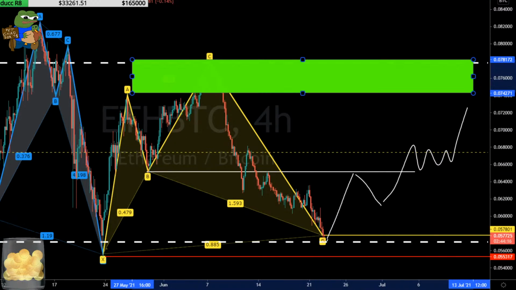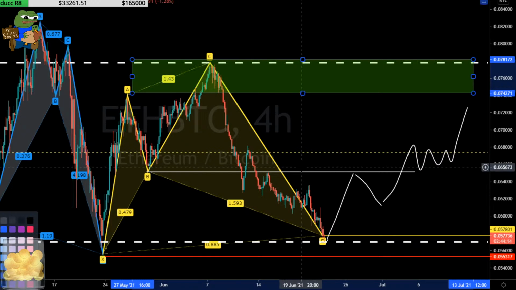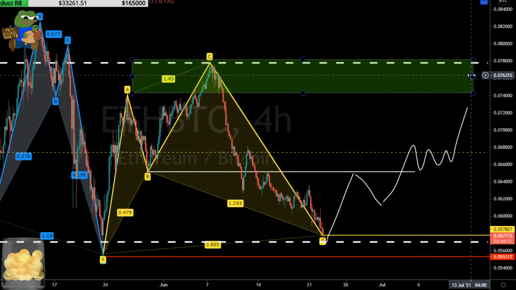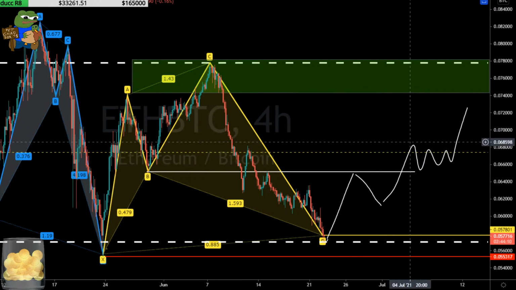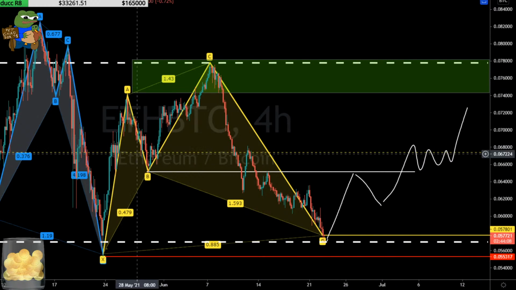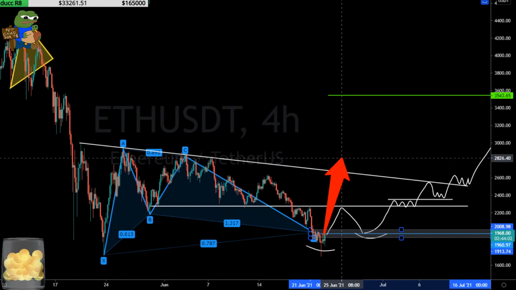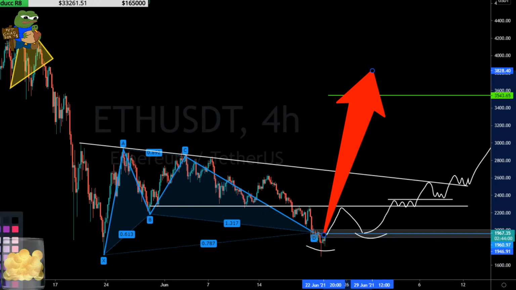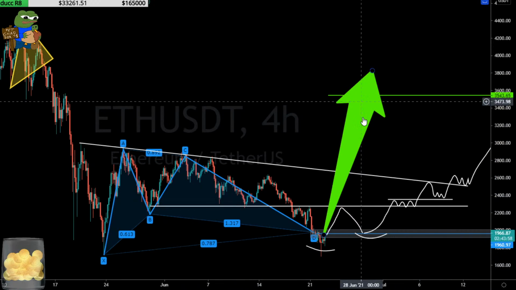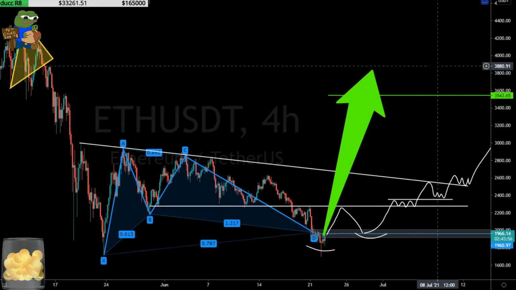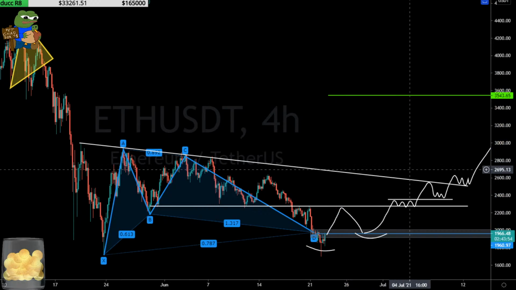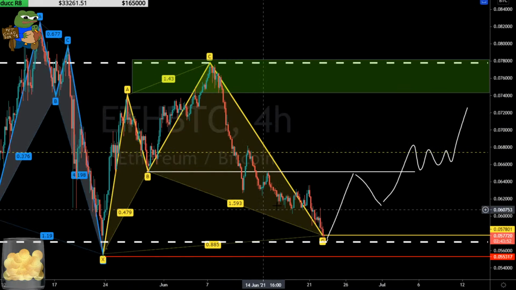So if those are your targets, in order for ETH BTC to get up here, ETH has to seriously be outperforming Bitcoin. Well, in order for that to be the case, this has to be a Gartley, okay? It just has to be a Gartley. If not, how's that going to be the case, right? It's not.